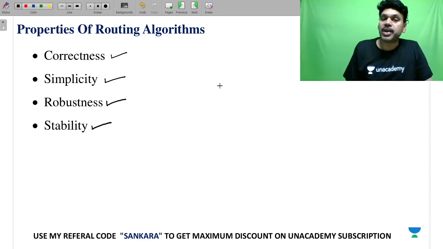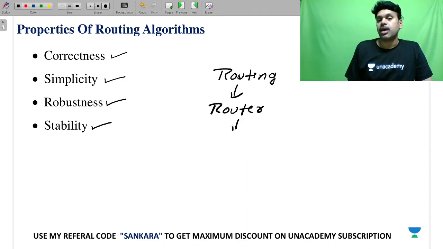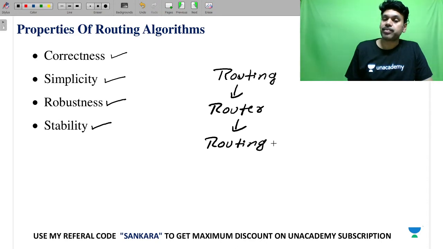I want to tell you one important thing. Who does the routing? Routing is done by the router. Routers use routing protocols, and these routing protocols use what?